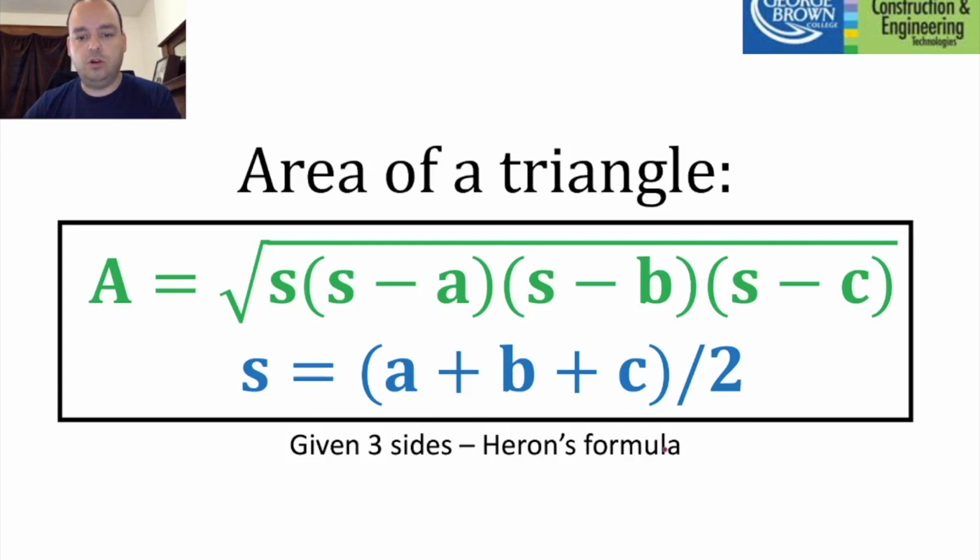Here's another formula called Heron's Formula. This formula will be brought up in Chapter 7 when we talk about surface areas and volumes. I'm the author of Chapter 7, so I do know for sure that there are many examples in there that use Heron's Formula. This is an example where you would use the formula when you have three sides on a triangle given. So for example, let's say that you had a triangle like this, and this is 4 and 5 and 6.